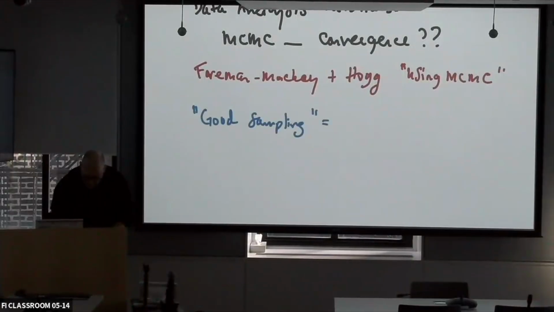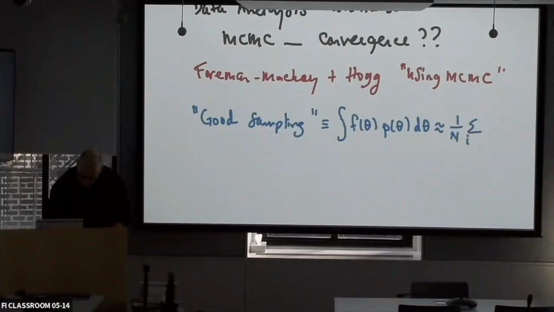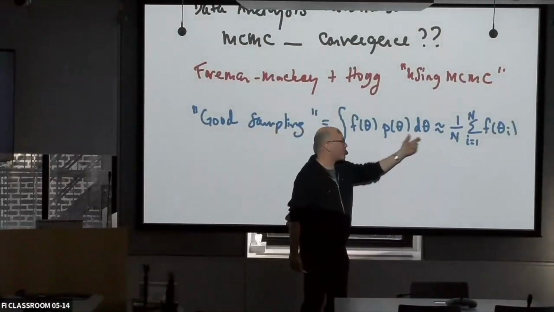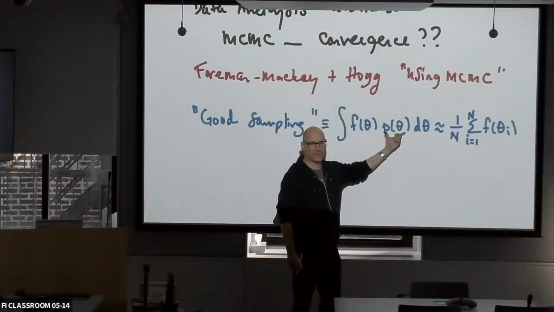A good sampling means that there are integrals that you want to do that look like the integral of f of theta, p of theta, d theta, and you can approximate these very accurately with a sum that looks like this. This p of theta is an all positive function that integrates to unity.